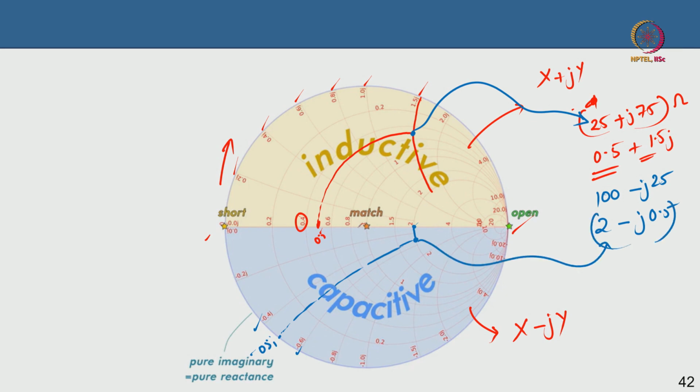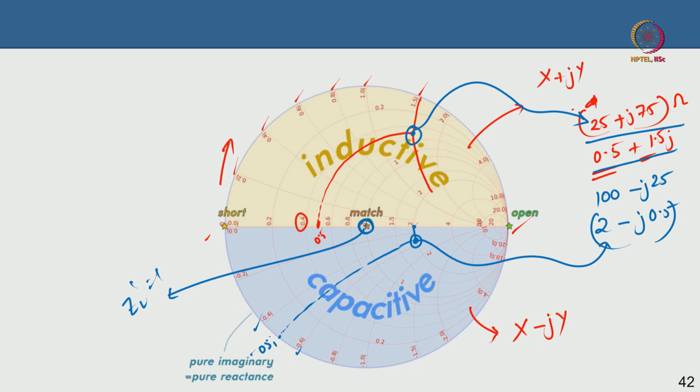Suppose I have this particular impedance, and this one is perfectly matched. This is your ZL dash equal to 1, that is your characteristic impedance, that is your match. The idea is that you always want to come to this match condition. Suppose I have a point here which is your 25 plus j75 or 0.5 plus 1.5.